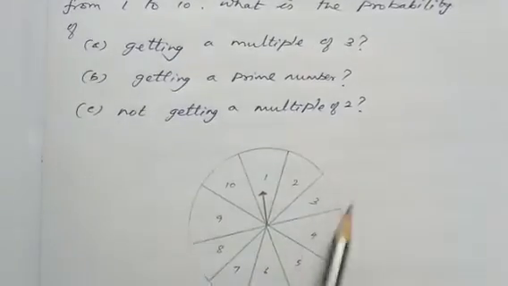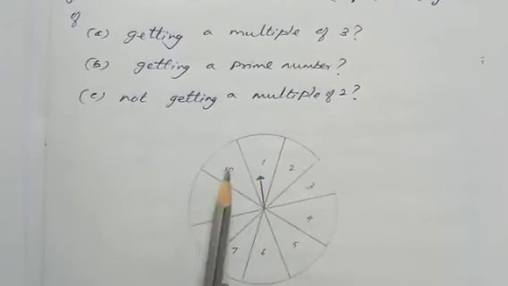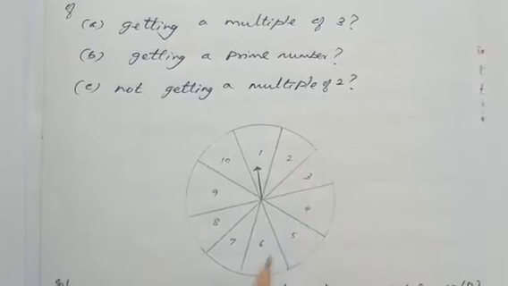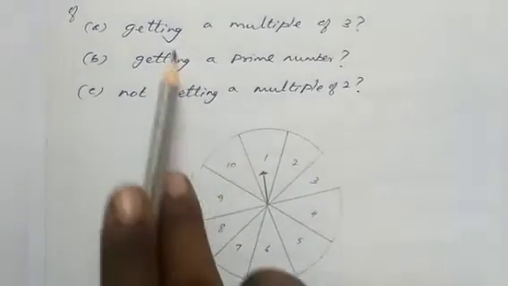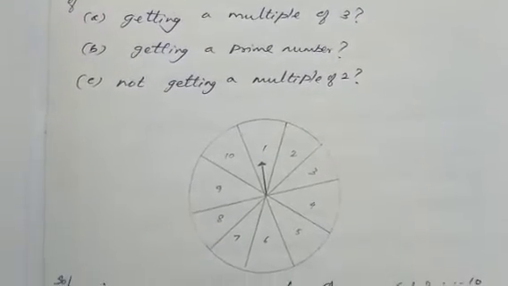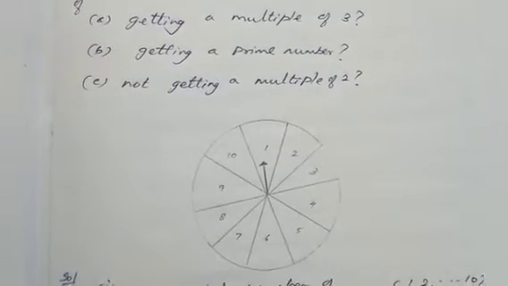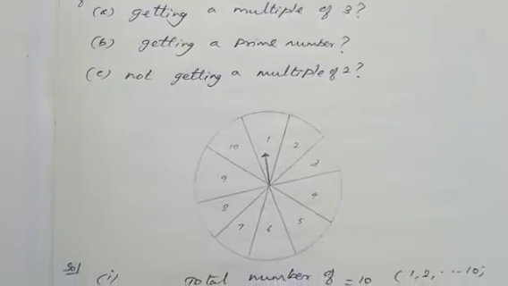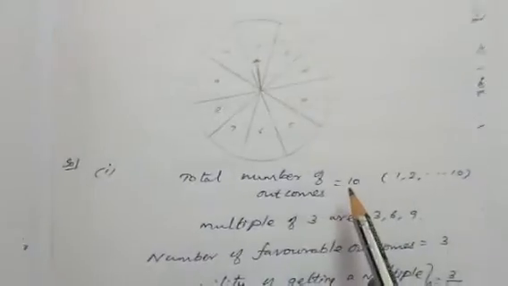So here the spinner is marked with the numbers 1, 2, 3, 4, 5, 6, 7, 8, 9, 10. So the total number of outcomes is 10.